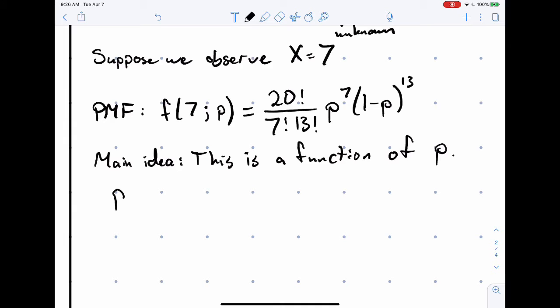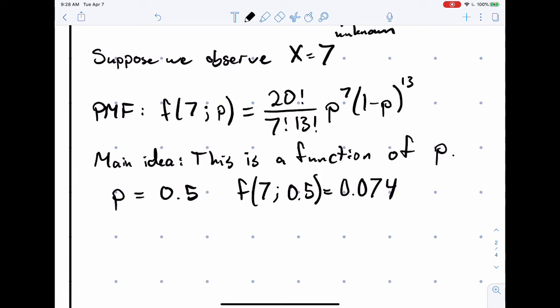We could try p equals 0.5. And then we have f of 7, p equals 0.5, is going to be equal to 0.074. Maybe we try p equals 0.6. Then we'll get f of 7, 0.6, plugging 0.6 in for p in this equation here.